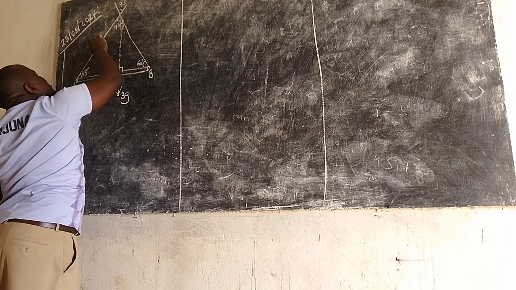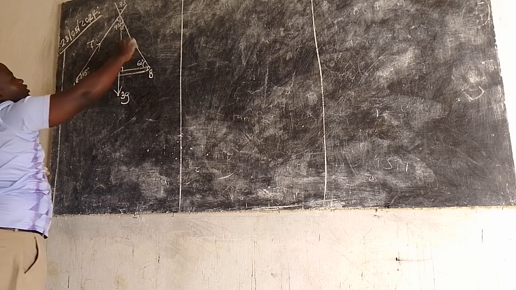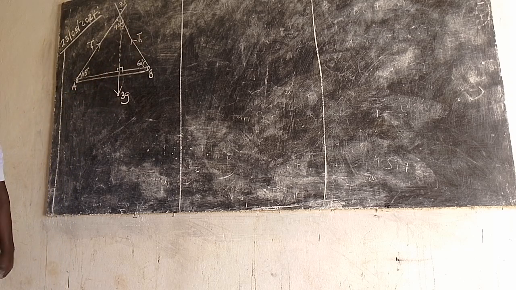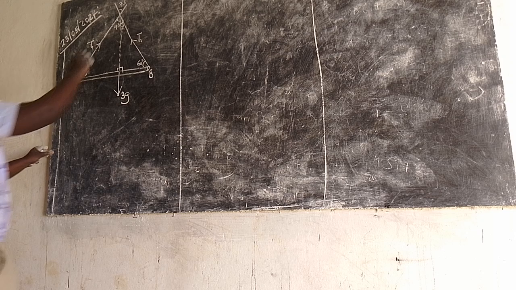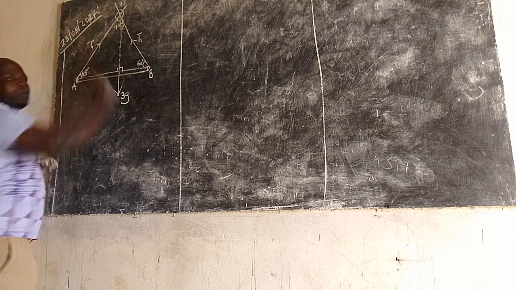Therefore, this is 75 degrees. Of course, in a string there must be tension. This can be tension 1, and this can be tension 2. Are we understanding? We should again agree that this angle is equal to this angle.